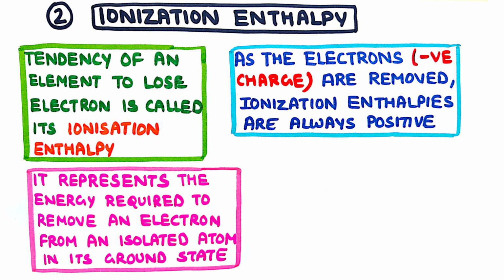As the electrons that are negative charge are removed, the ionization enthalpy becomes always positive. So you know that electrons are negatively charged, and whenever negative charge is removed from an atom, it will always become positively charged. So that's why ionization enthalpies are always positive.